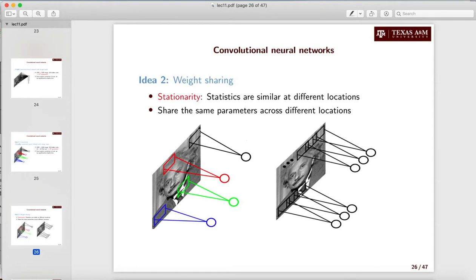So instead of having different filters, different weights for all these regions within this block, we can have weight sharing, as we say, which is the fact that within this block we assume that we have the same weights that are being used in order to transform the pixels in this block.